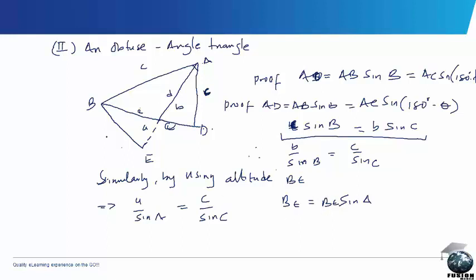BE is equal to the part facing C, and then this is C sine A, which is also equal to the altitude on this side, where we have that it is also equal to BE sine C. Okay, and therefore we can say C sine A is equal to BE, which is equal to A sine C.